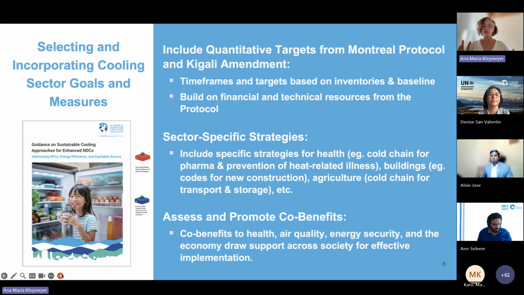So just to move through this slide, it gives us a little bit more in-depth look at how to include the quantitative targets from the protocol that are time constrained, and that are based on very detailed inventories and baselines. This is work that parties are already doing under the Montreal Protocol, so it's a fairly easy move over into the NDCs. And you might be thinking, well, why are all countries not already doing this?